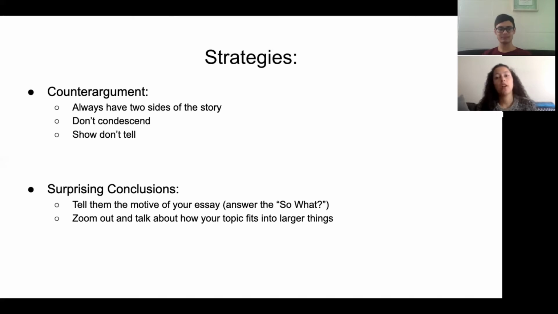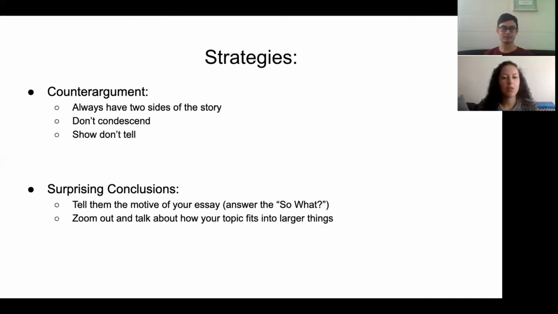And so you want to sound as persuasive as possible to convince the other side that doesn't agree with you to maybe agree with you in certain points. You don't want to condescend, and you definitely want to show and not just tell. So that means you want to have good evidence. You want to have good quotations that support your thesis points.